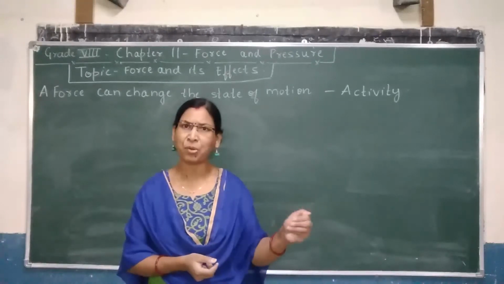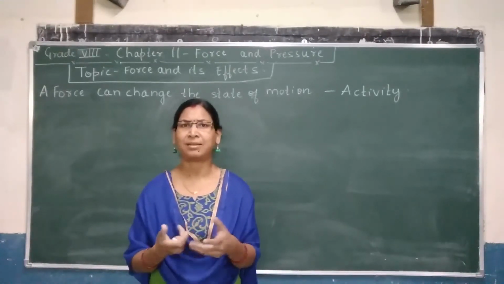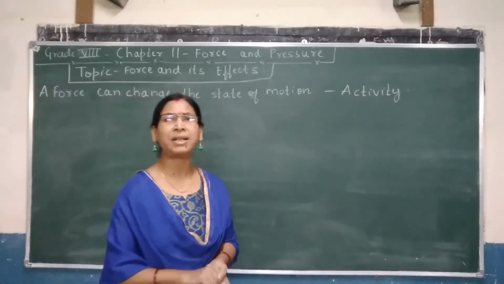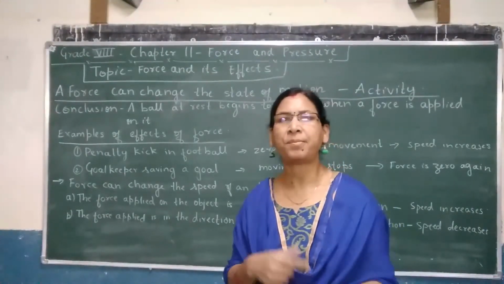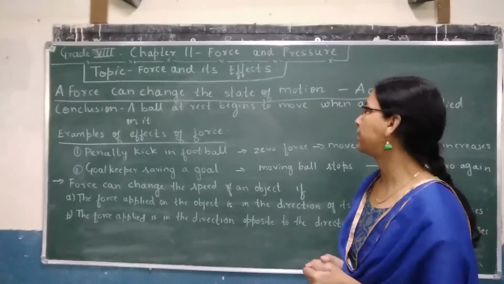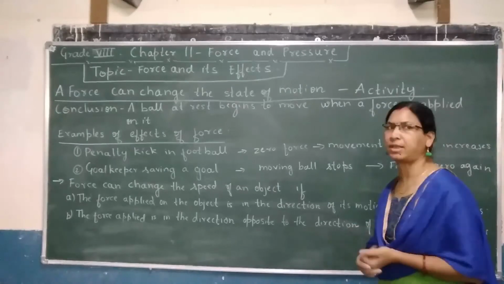And when we tried to hold it, what happened? It totally stopped moving from one place to another. So this was about one effect of the force. Dear children, from the activities done, we have concluded that a ball at rest begins to move when a force is applied on it.